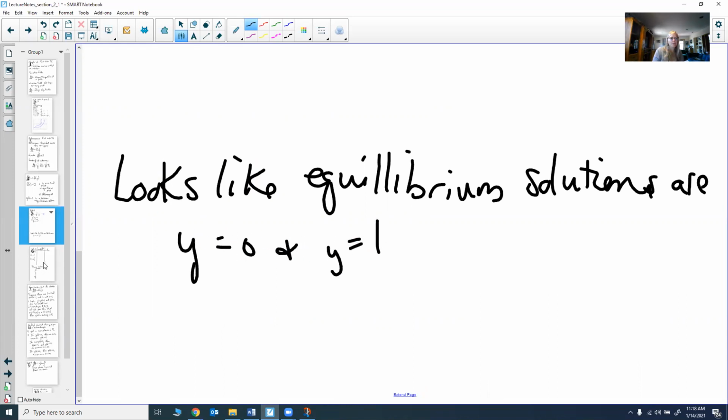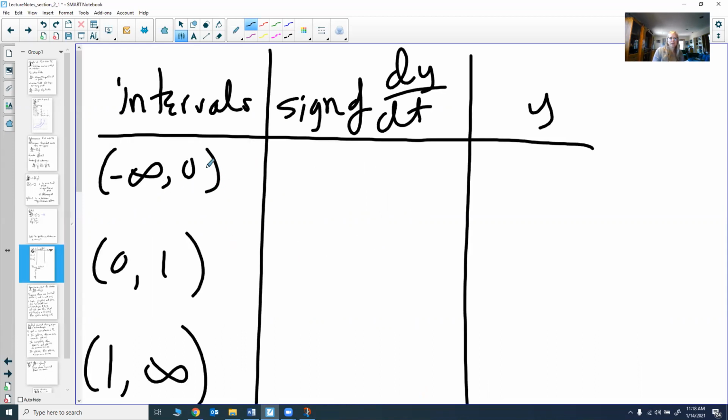Now I'd like to think about what's happening in these different intervals. That's what we did with derivatives in Calc 1: we looked at the sign of the derivative on either side of these points. Let's look at negative infinity to 0. Our derivative is y squared minus y, or y times y minus 1.